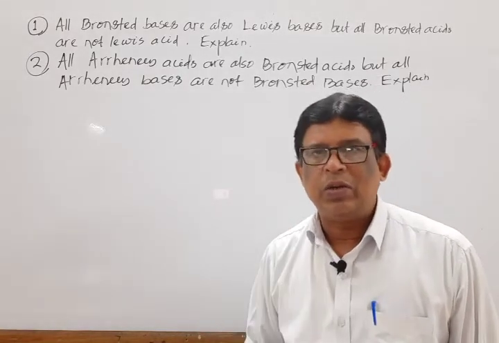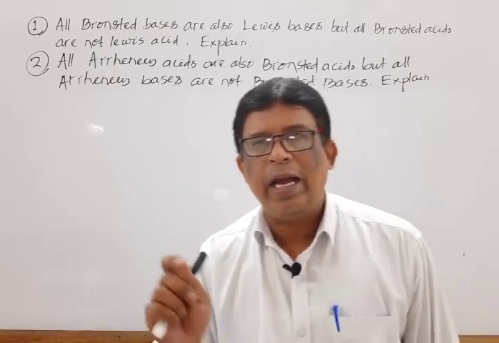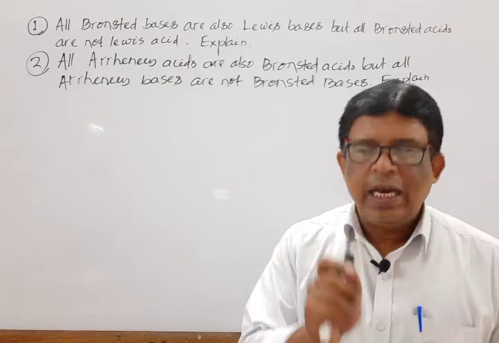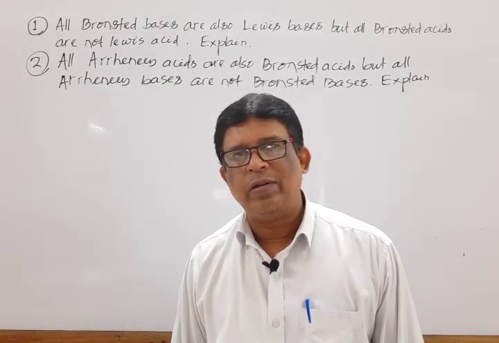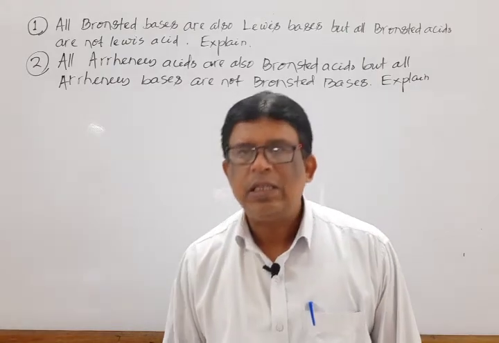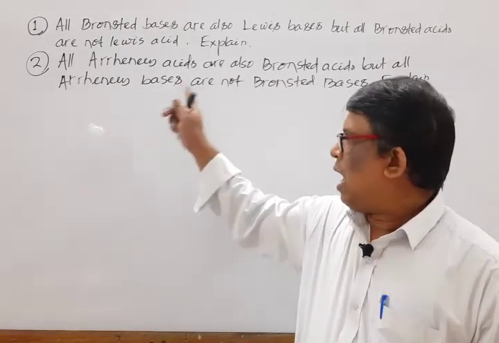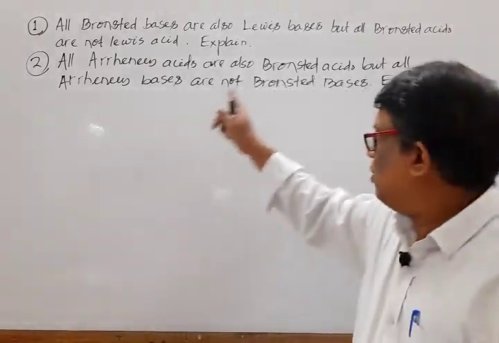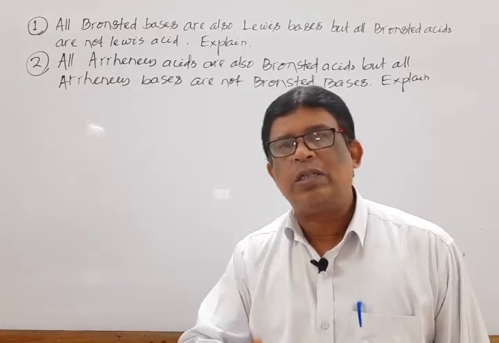According to Arrhenius theory, an acid is one which on dissolving in water provides H plus ion. And according to Bronsted-Lowry theory, an acid gives a proton. Proton is equivalent to H plus ion. Since both concepts remain the same, all Arrhenius acids are also Bronsted acids.